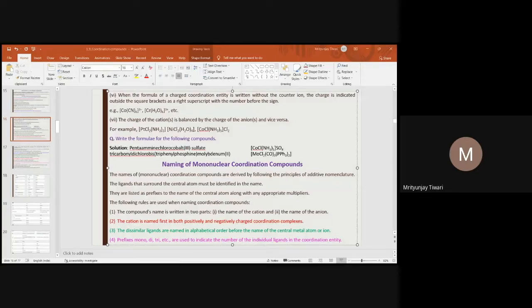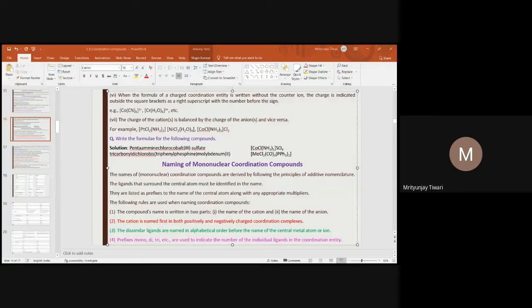So while writing the IUPAC name of such compounds, we should write the names in such a way that one can easily recognize which ligands are there in this coordination entity.